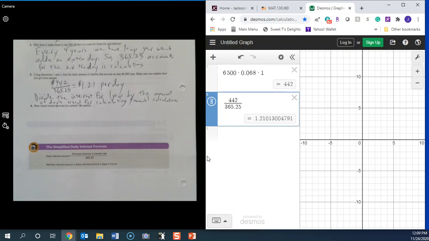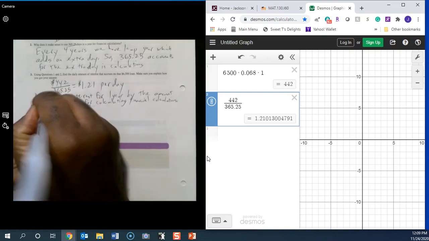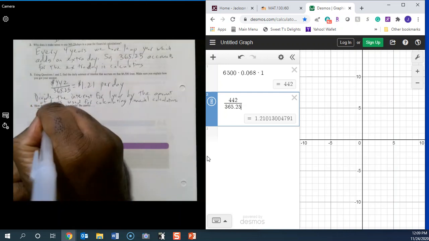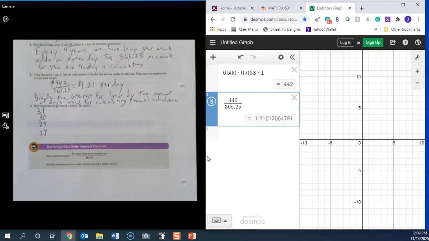Okay, number 4. How much interest accrues in a month? Be careful. Now, the reason why they say be careful is because we know there are 4 different values you could get for days in a month. We know we could get 31 days, we could get 30 days, we can get 29 days, and we can get 28 days.